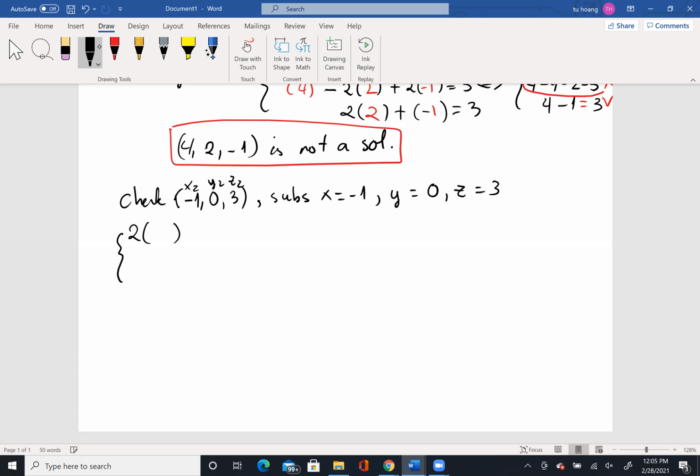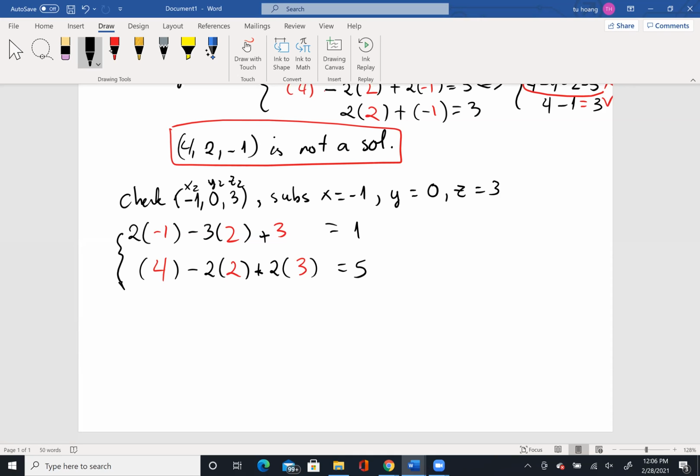I have 2 times x, now -1, minus 3 times y, plus z, which is 3. Then the next one is x, which is -1, minus 2 times y, plus 2 times z, which is 3, equal to 5.